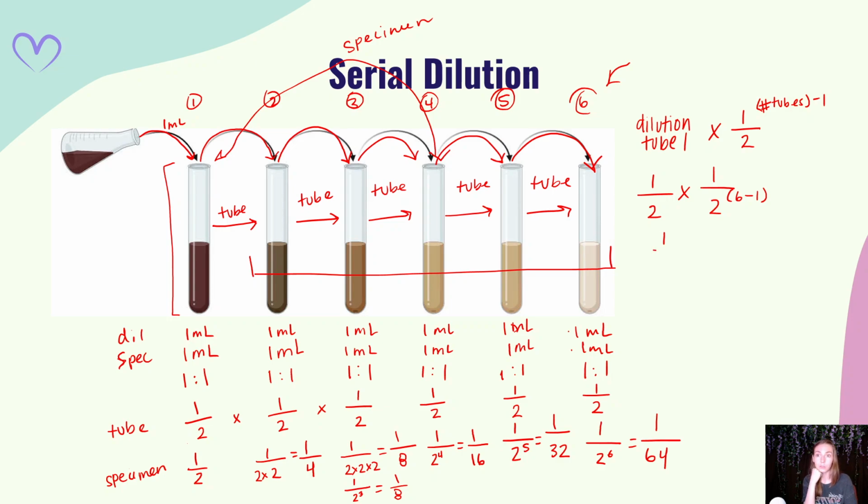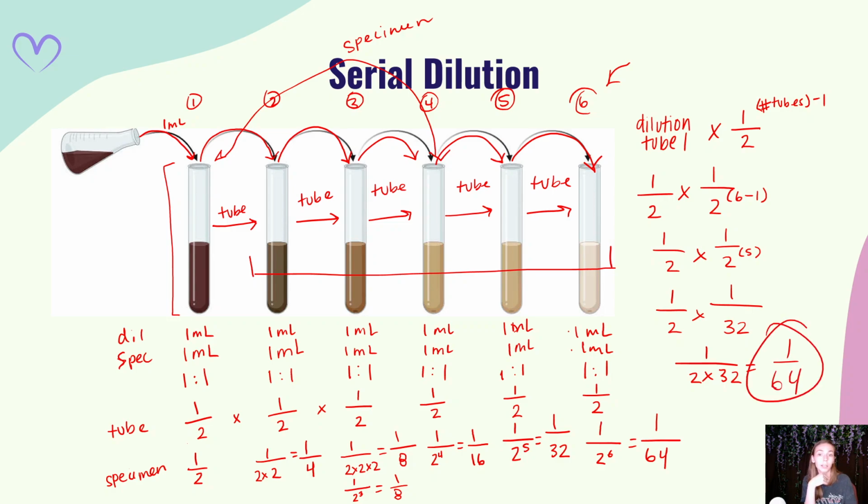So it would be the same thing as 1/2 times 1/2 to the 5th, which would be the same thing as 1/2 times 1/32, which equals 1/64. That's how we would very quickly skip the whole line and get to tube number 6, okay?